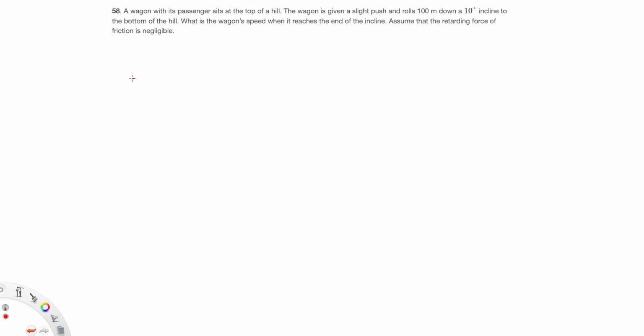So we're at the top of a hill, right up here. And it's a relatively gentle hill, 10 degrees. And the length down the hill is 100 meters.